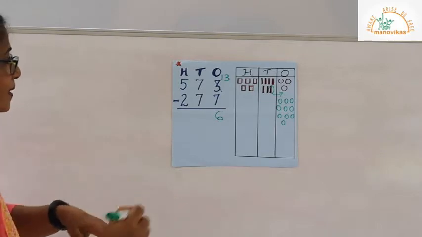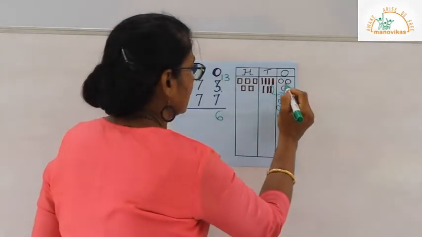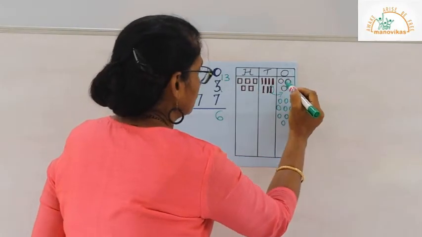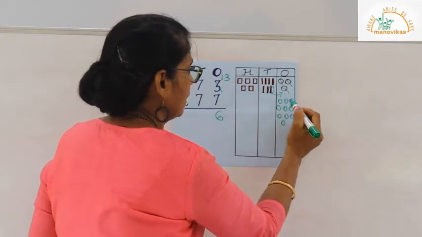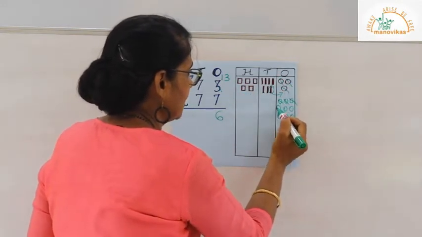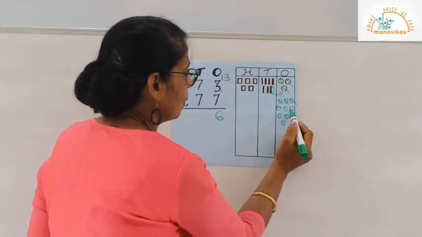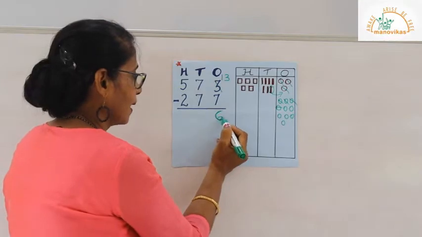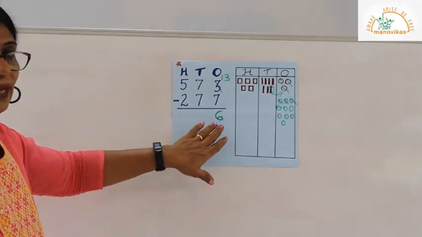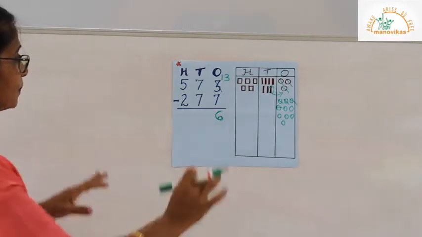When we subtract, how do we get 6? We have to take away 7, so 1, 2, 3, 4, 5, 6, 7. What's left? 1, 2, 3, 4, 5, 6. And here, we get the number 6.